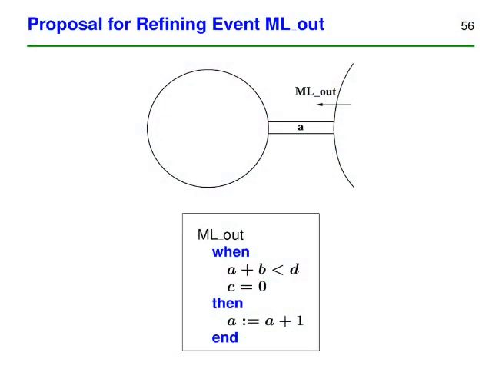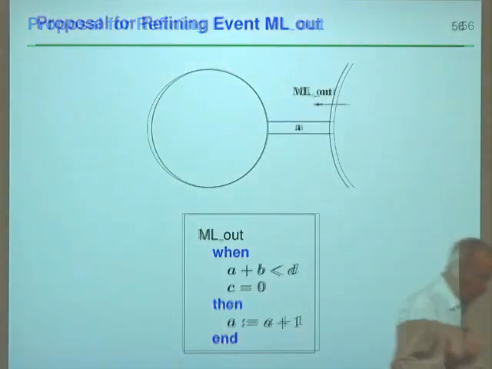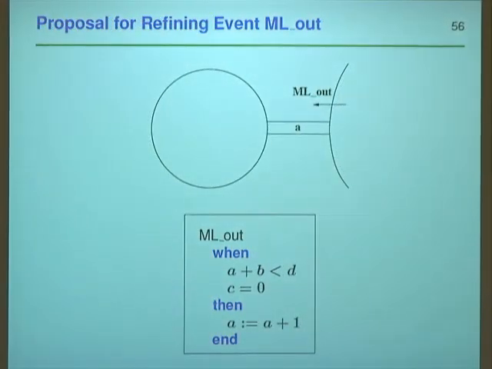And now we have to propose some new things for the event that existed in the abstraction, ML out. And here we propose this: when C is 0, if C is not 0, we cannot go because of the one way of the bridge.